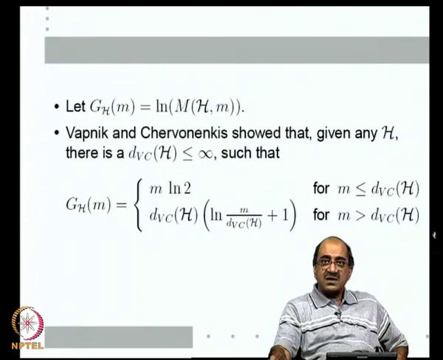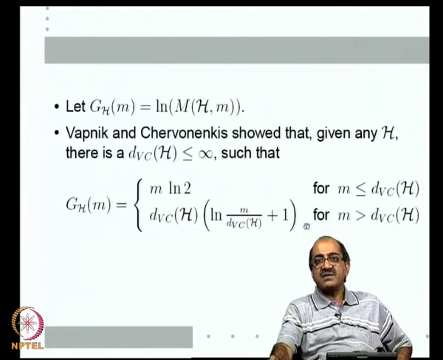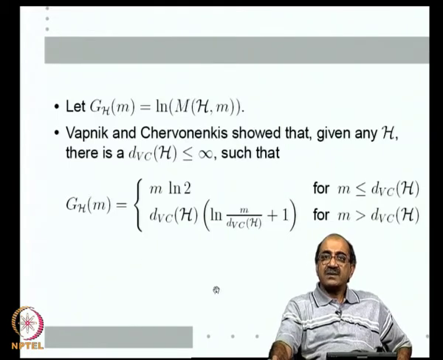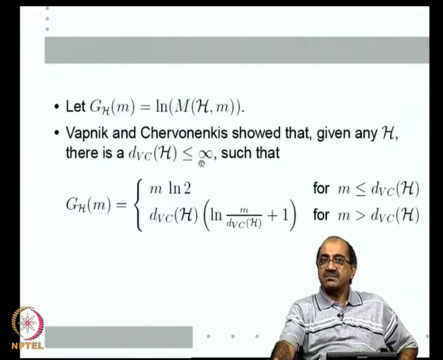But after reaching the size d VC of h, g h of m, this is ln of capital M, will grow only logarithmically in m. The actual growth is d VC of h into ln of m by d VC of h plus 1, but the growth is logarithmic, which means capital M will grow only polynomially in m.